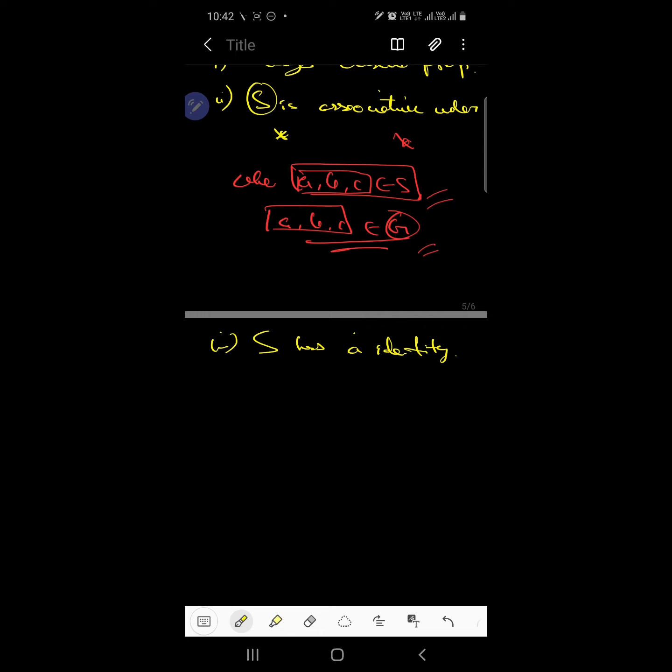If it is forming a subgroup, then the same identity will also belong to S. Are you getting my point, right? If G forms a group and has a unique identity, then its subset, or rather we can say its subgroup, also has that unique identity.